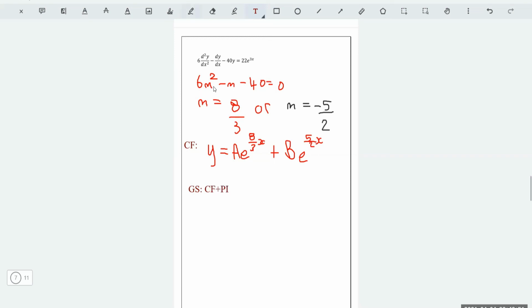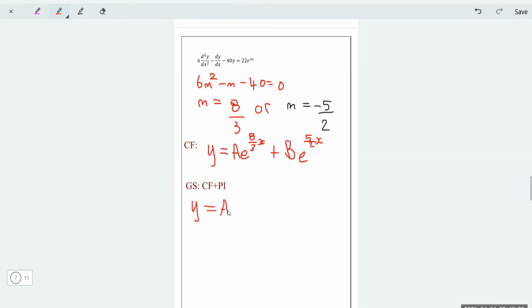So writing that out, the general solution y is equal to the complementary function, which is a times e to the 8/3 x plus b times e to the minus 5/2 x. Then we need to add our particular integral, which was 2e to the 3x.